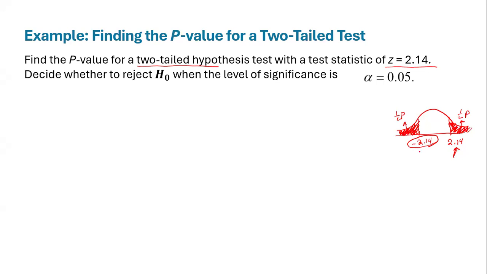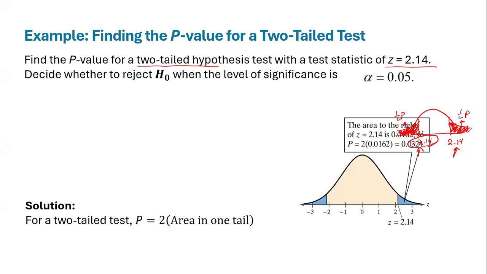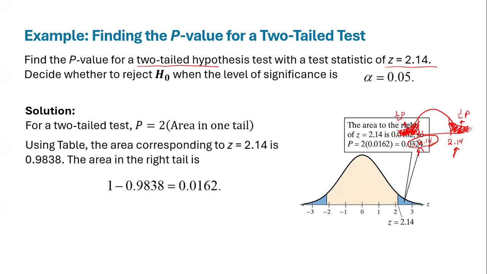But if you use the negative z value, any number from the table is your exact answer. So if I find negative 2.14 in the z-table, I get this number. If I use positive 2.14, I get this number, and then I subtract it from 1, and again I get the same number. So it doesn't matter which one of those numbers you use.